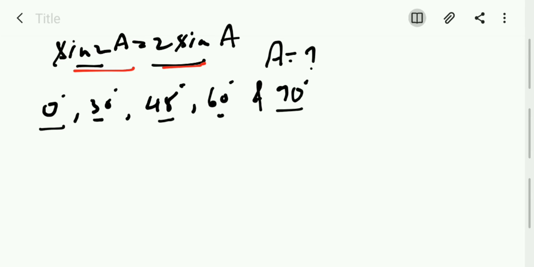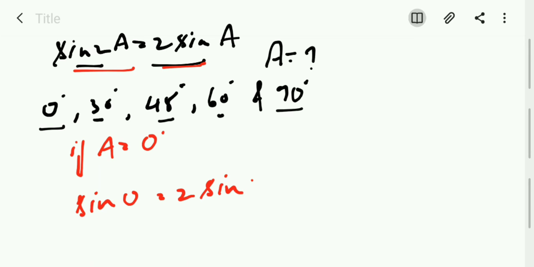LHS and RHS equal. Now if a is 0 degree, sine 2a, or sine of 0, will be 2 into sine 0. We know sine 0 is 0, so 0 is equal to 0.